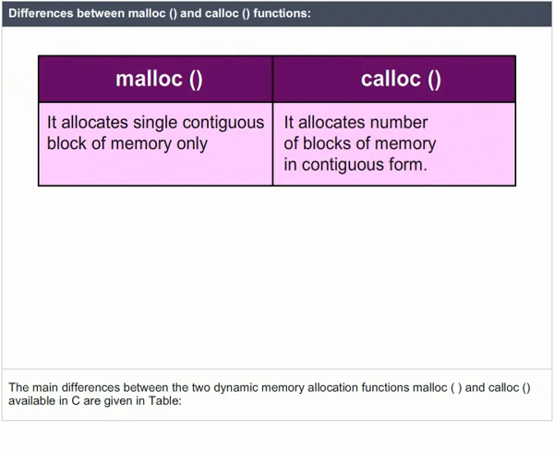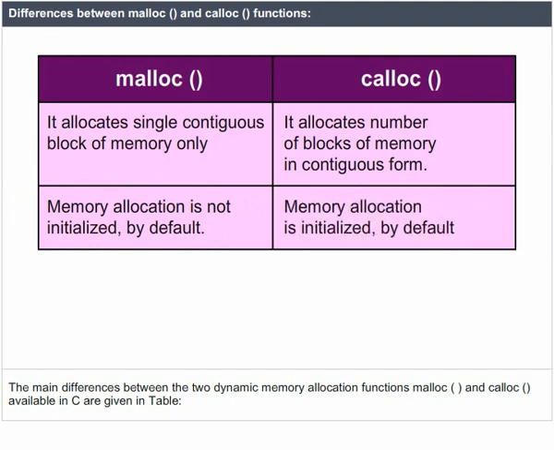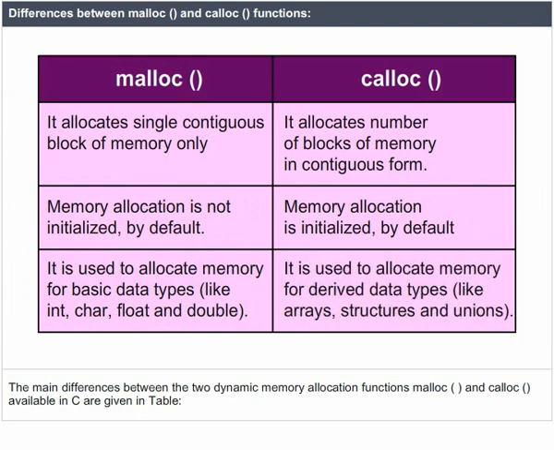Malloc, memory allocation is not initialized by default. Calloc, memory allocation is initialized by default. Malloc is used to allocate memory for basic data types like int, char, float and double. Calloc is used to allocate memory for derived data types like arrays, structures and unions.